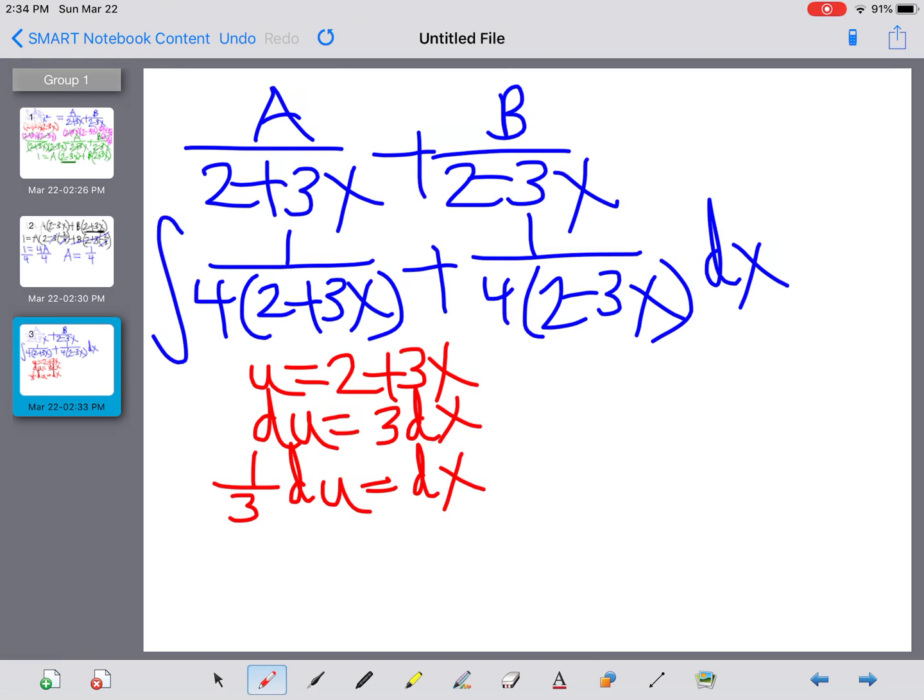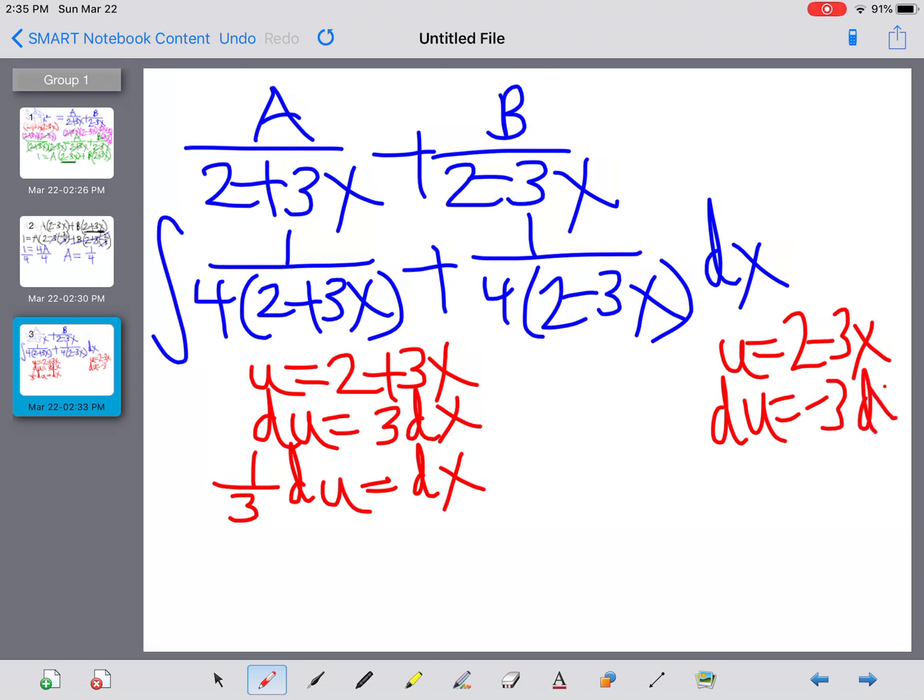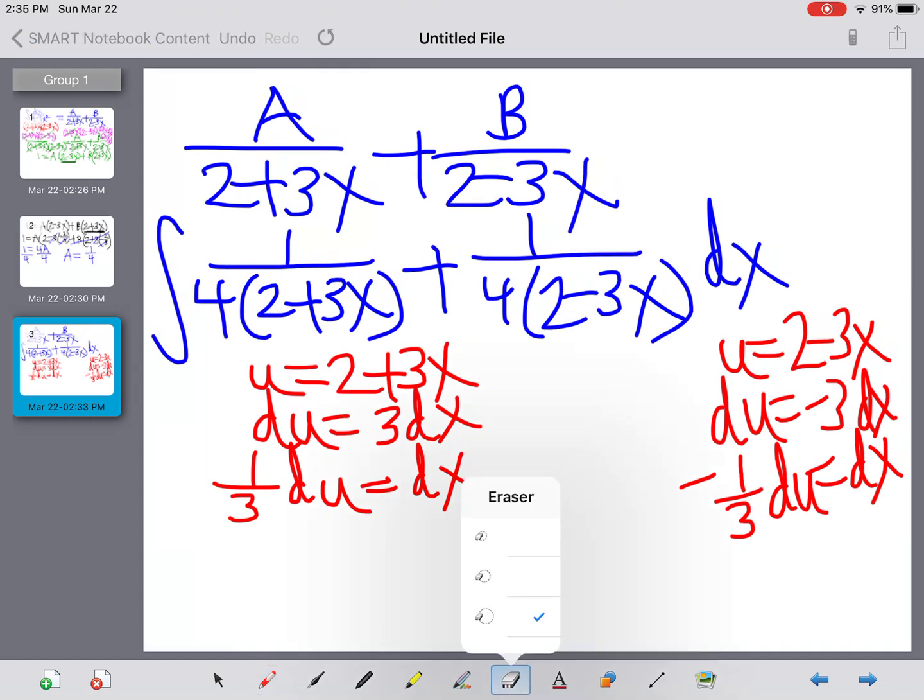And for the second fraction, let u equal 2 minus 3x. So du is equal to negative 3 dx, or that's the same thing as negative 1/3 du equal to dx. Let me erase the u's and du's and actually plug them into each fraction now.